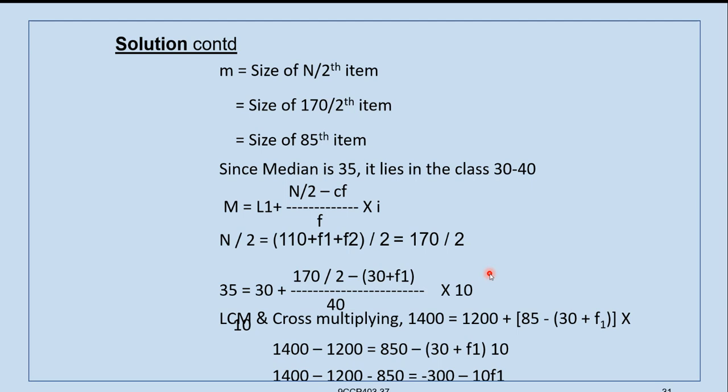This is the solution. That means m is equal to the size of n by 2, that is 85. The median is 35. It lies in 30 to 40. So like this also we can assume.